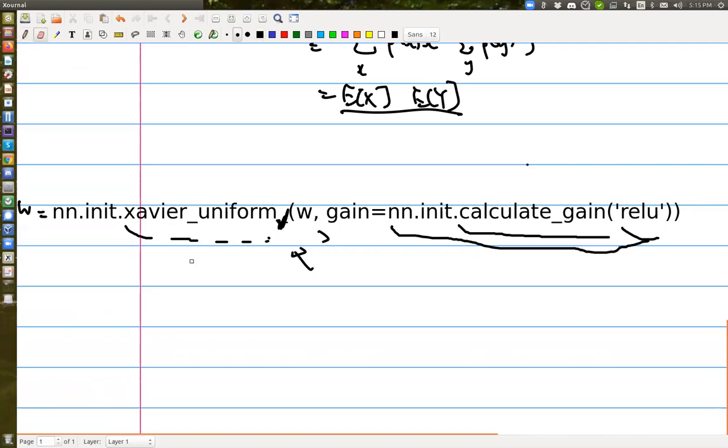But the underscore version is preferred because you don't need to assign another memory bank, more memory, to duplicate this W here.